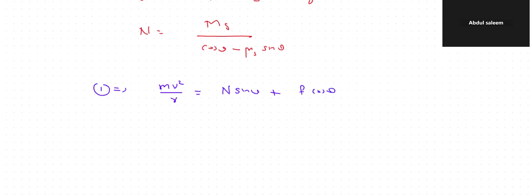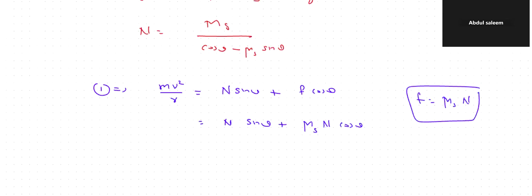We studied that F is equal to mu s into N, so we can substitute this instead of F. Then we obtain mv square by r equal to N sin theta plus mu s into N cos theta.